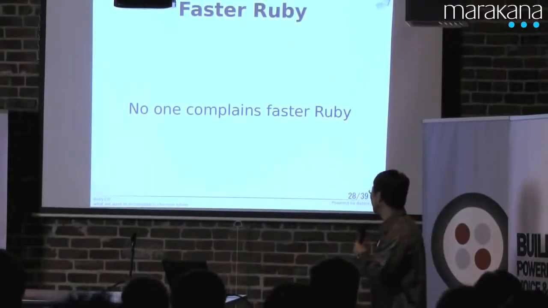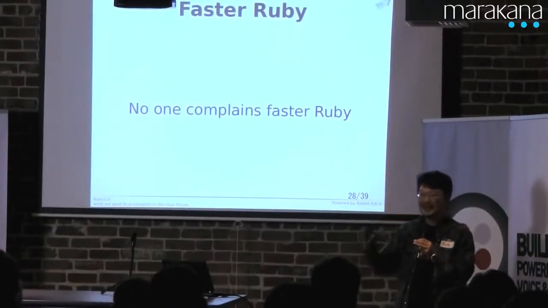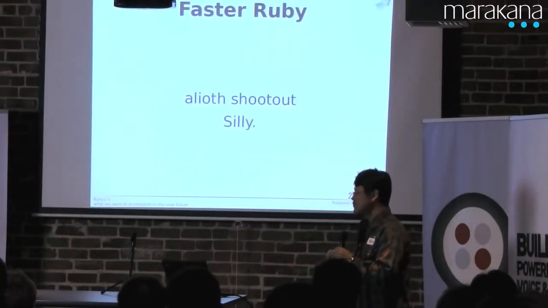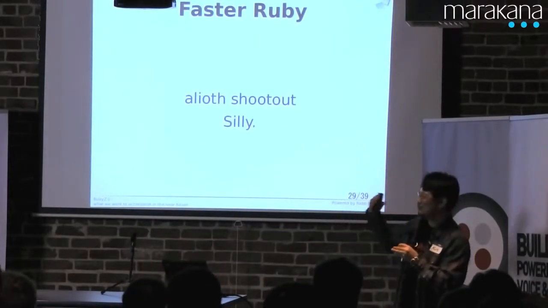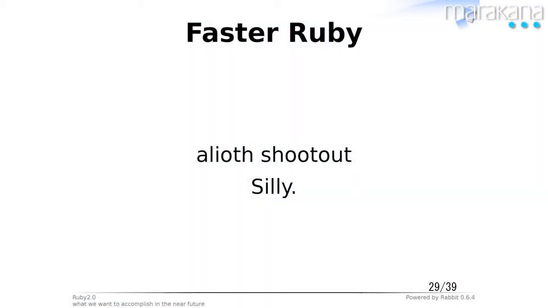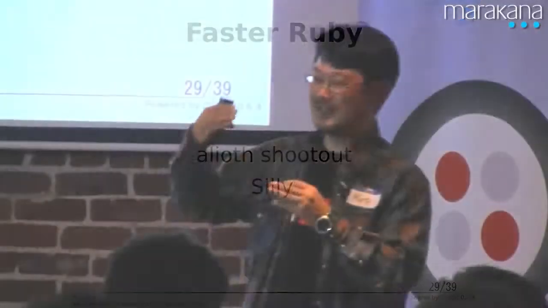No problem. But no one complains about a faster Ruby, and many people decide implementation language by the language shootout. Silly. It's a kind of micro benchmark, like calculating Fibonacci, solving the n-body problem, or calculating the Mandelbrot set.